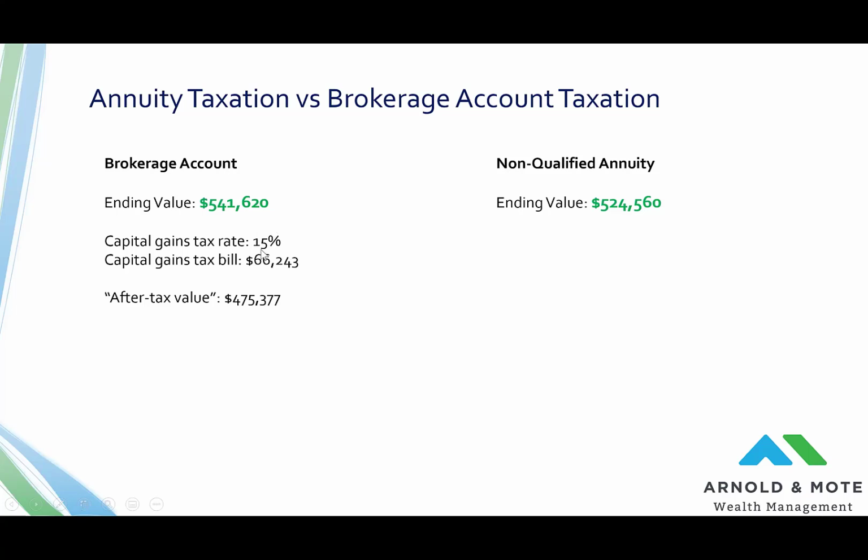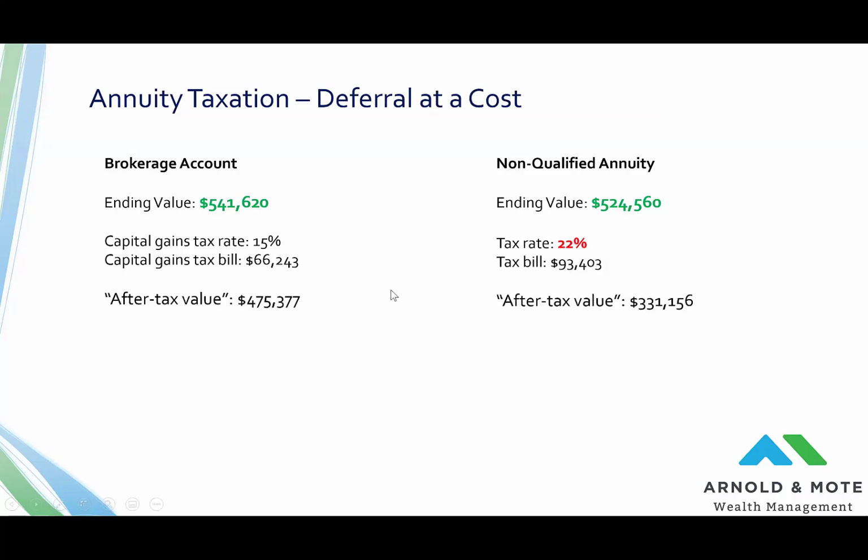And so that 15% tax rate would apply to the growth. And so remember, $100,000 of this was your initial investment, that is not taxed. So 15% on 441,000 is about $66,000. And so you should think of that brokerage account as having an after-tax value of about $475,000.